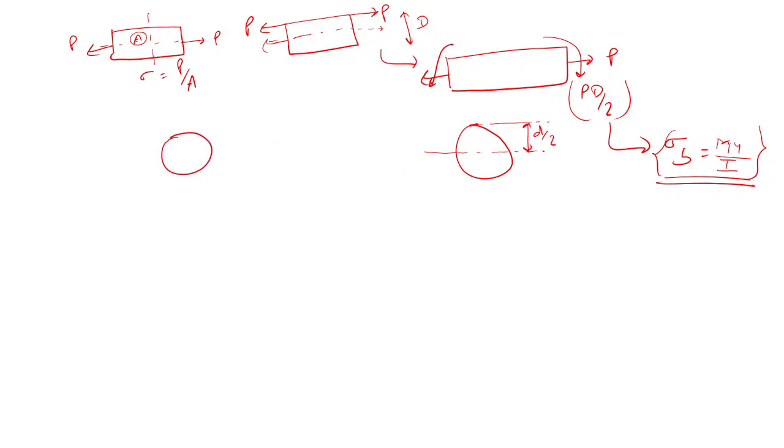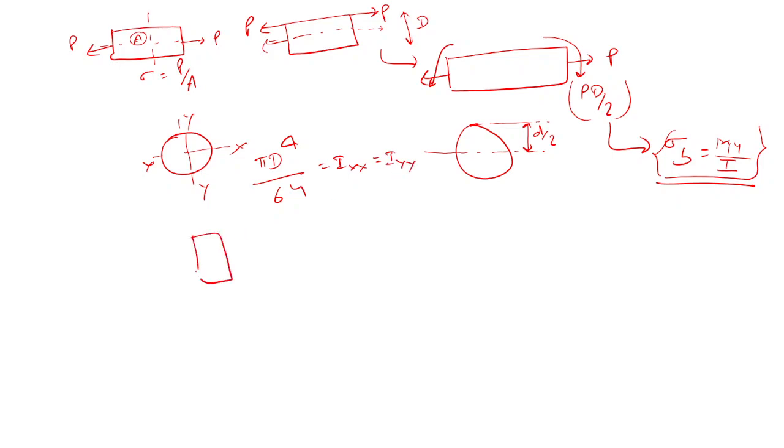First I will tell one more time. For any direction x or y, the moment of inertia for the circle is pi d to the power 4 by 64, right? Yes, sir. Ixx or Iyy.